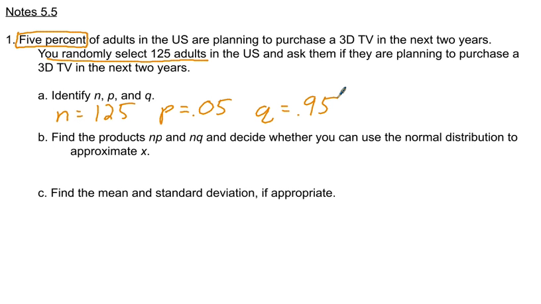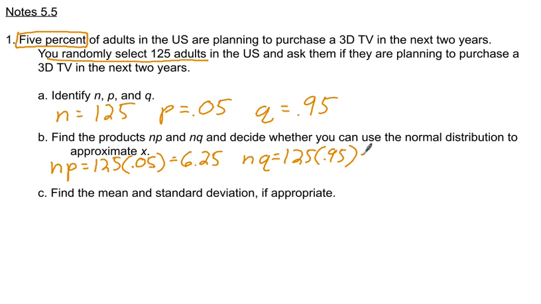Now in part B, we want to find the products np and nq and decide whether we can use the normal distribution to approximate X. So np is 125 times 0.05, and that equals 6.25. nq equals 125 times 0.95, and that equals 118.75.